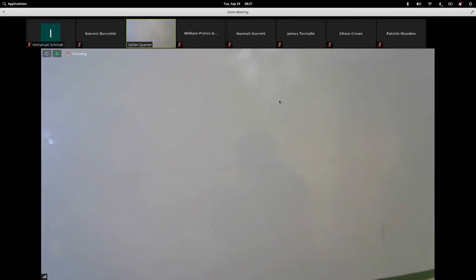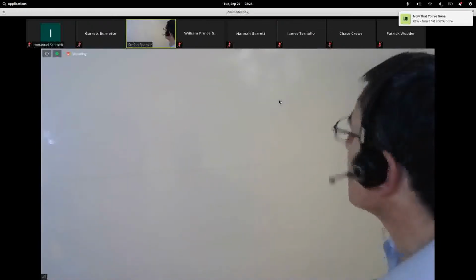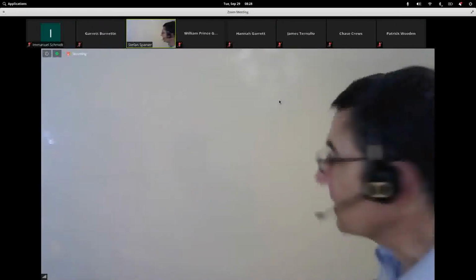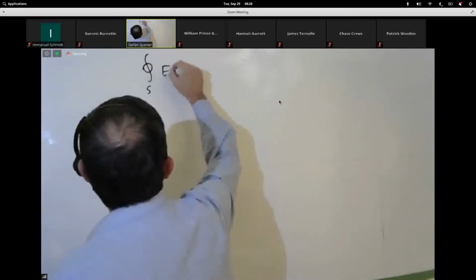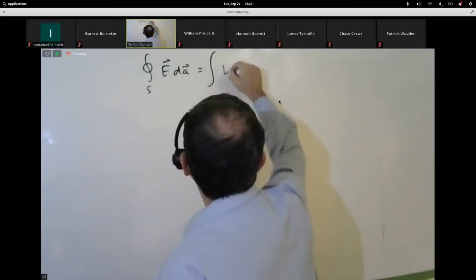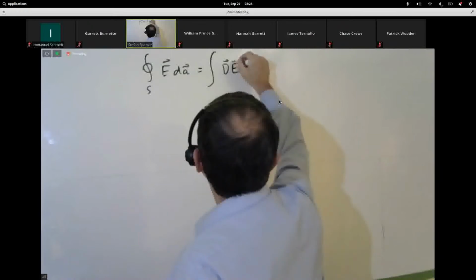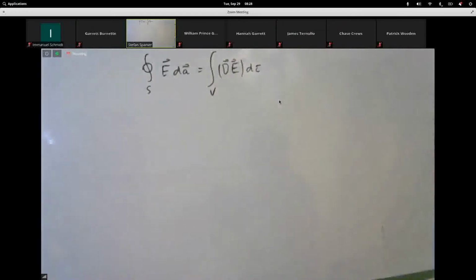And then number 5, derive the differential form of Gauss's law starting from the integral form. Now this is really just reviewing how it's done. Gauss's law: the surface integral of the electric field is equal to the integral of the divergence over the volume that's enclosed by the surface.